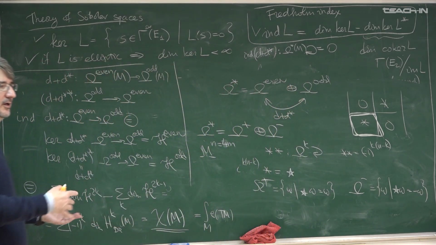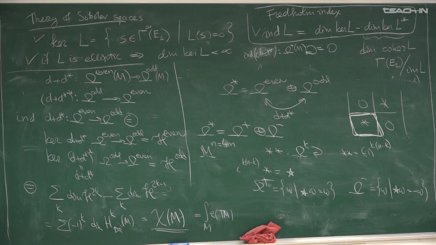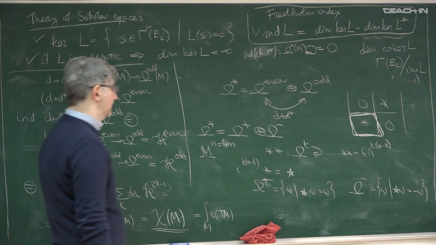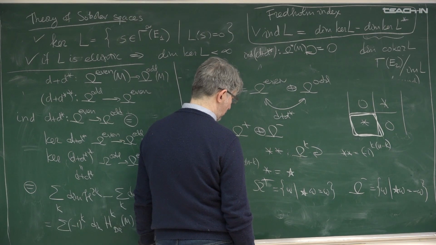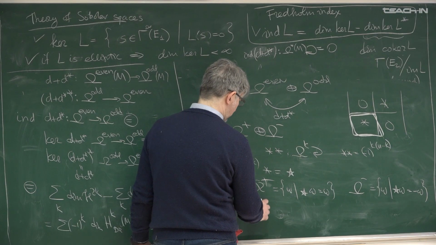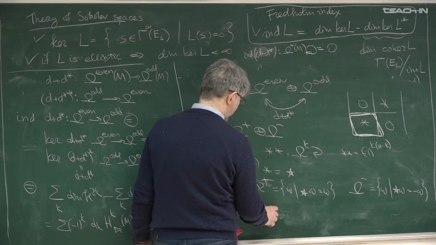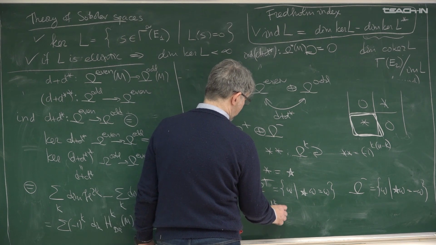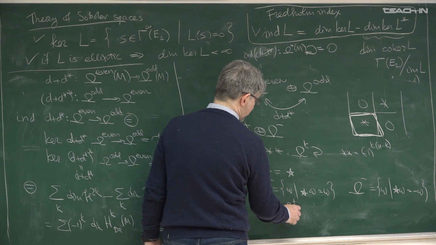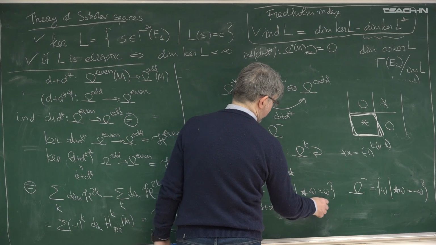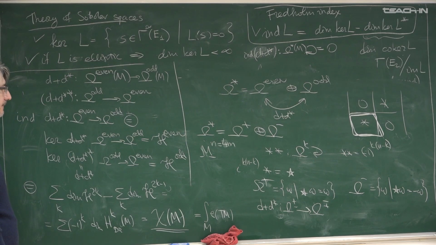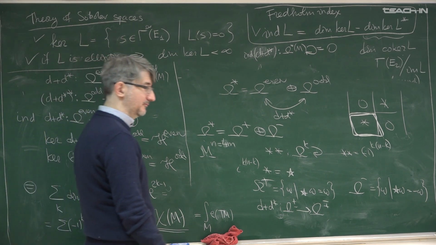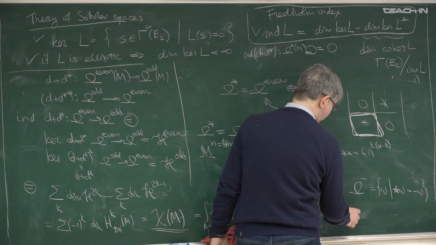So these are the eigenspaces for plus 1 and for minus 1. What you can do? You can check that d plus d star interchanges them again. The question, a very simple question: what is the index?